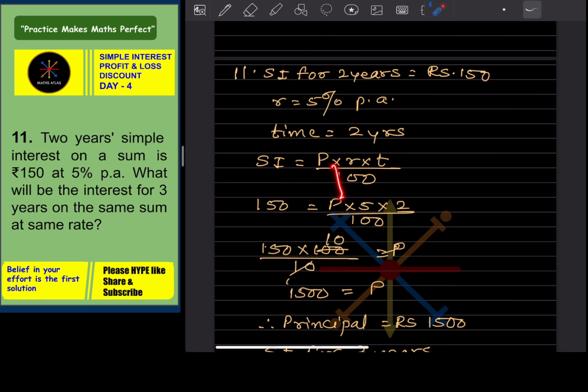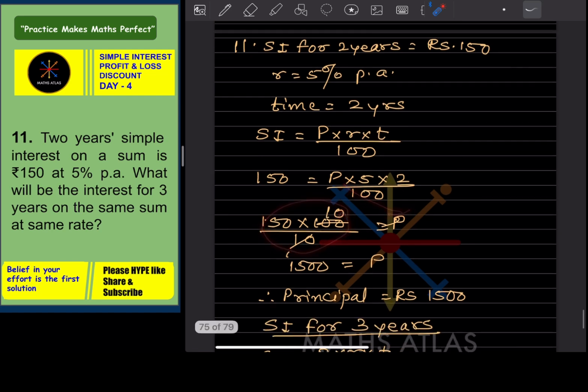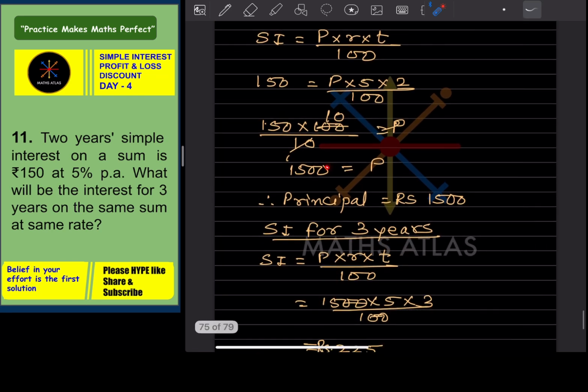We don't know the principal. Rate is given as 5, T is given as 2, divided by 100. So this will go to the other side: 150 into 100 divided by 5 into 2, that is 10. And this is the principal. After simplifying, we get the principal as 1500.